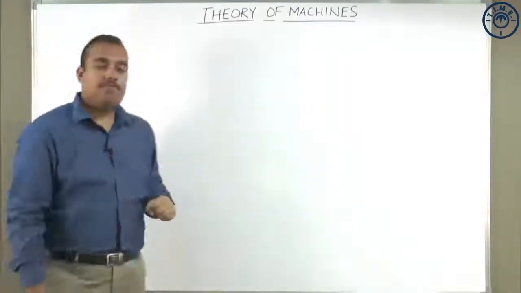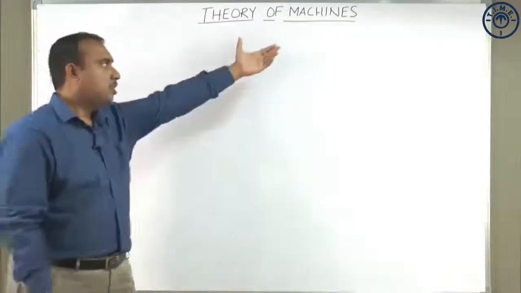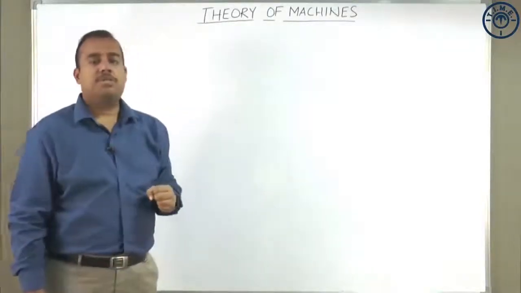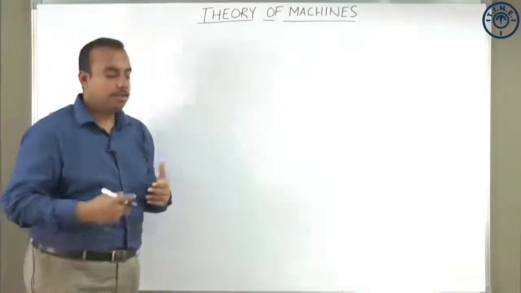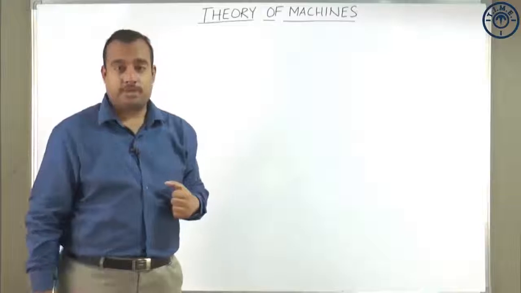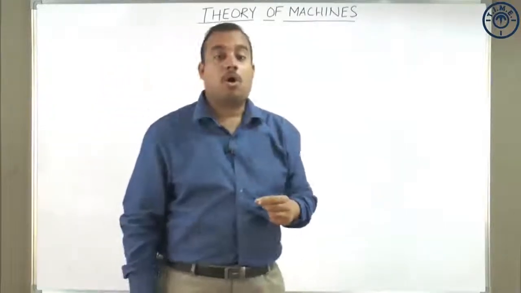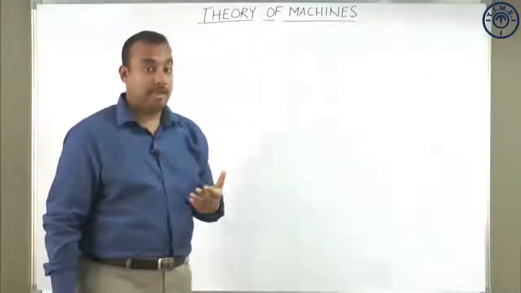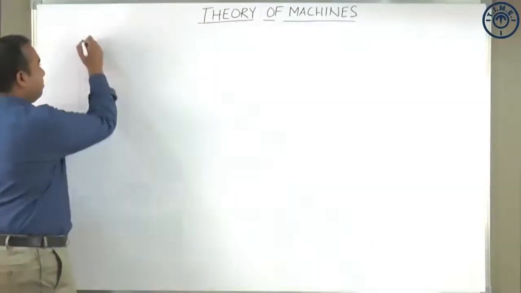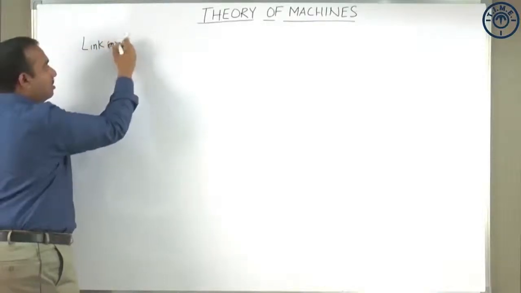We are going to start off with the most basics. Whenever we talk about a machine, it is made up of n number of links which are having relative motion with respect to each other. So, the most basic element or part of a machine is a link or element.